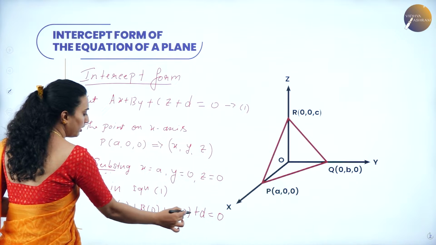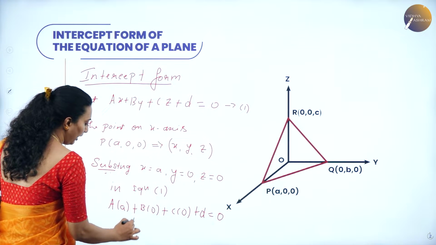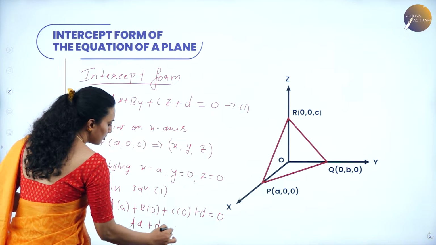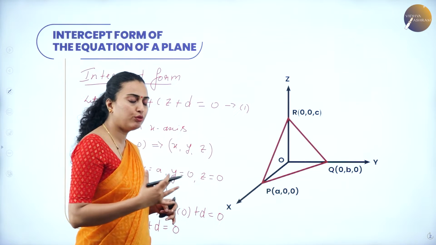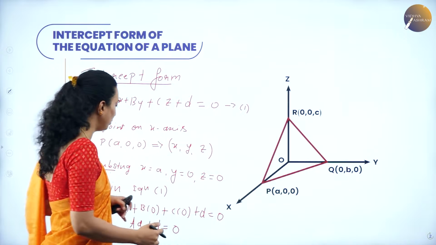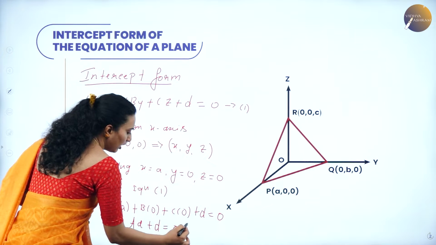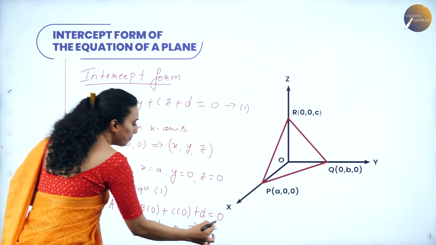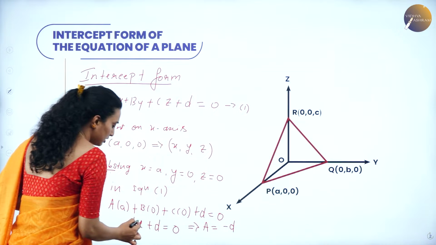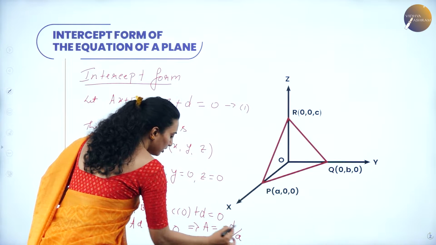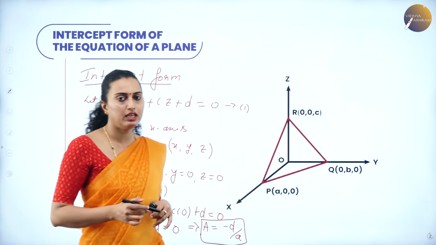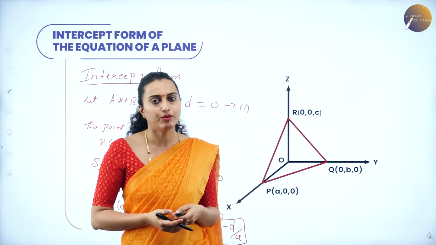Now these terms will become 0. You are having only a A plus d is equal to 0. I want to find out the value of capital letter A. So therefore, I can take this across, which implies that aA will be equal to minus d, and this small letter a will divide. So therefore, the A value is nothing but minus d by small letter a, right?